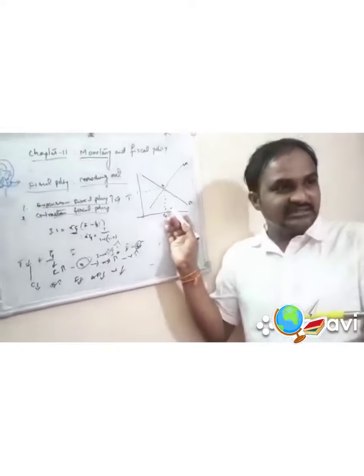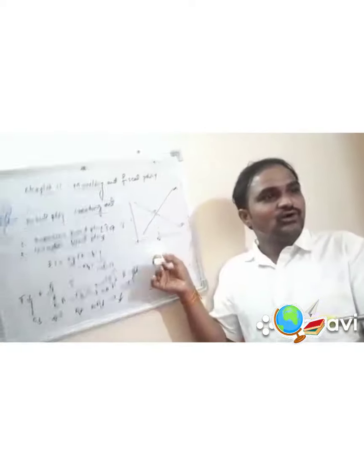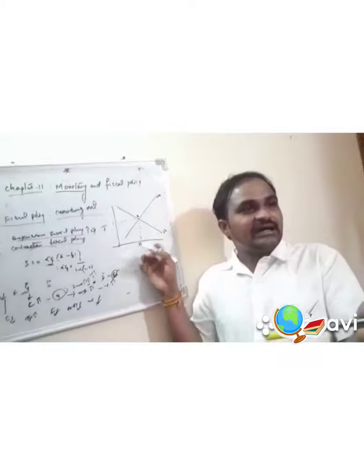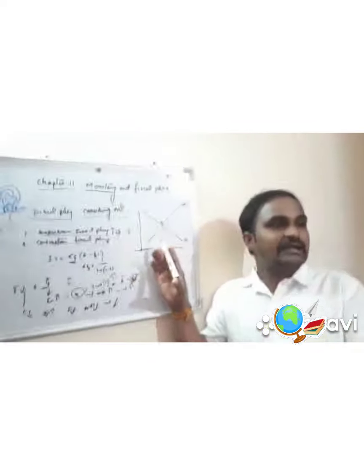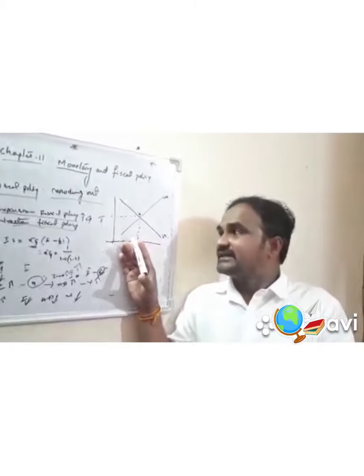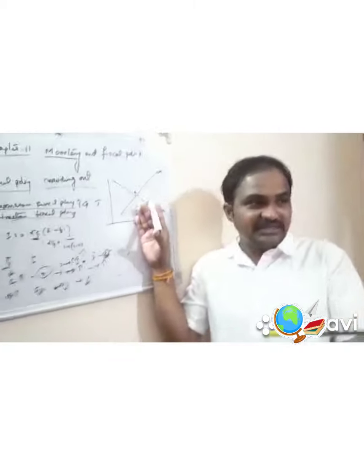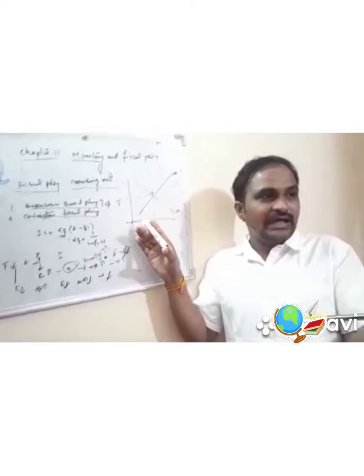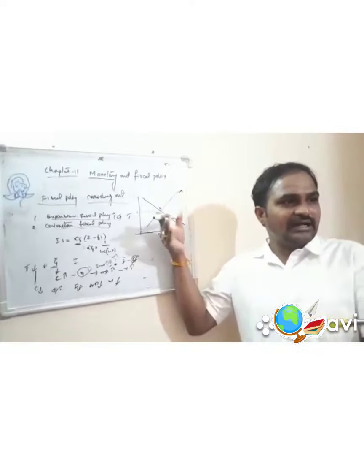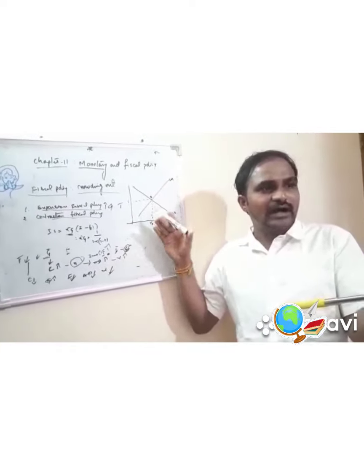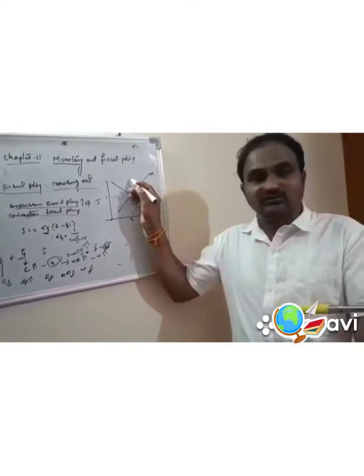The increase in the level of real GDP will lead to an increase in private expenditure, that is, investment expenditure. That will shift the aggregate demand curve rightward, and the IS curve will shift rightward.